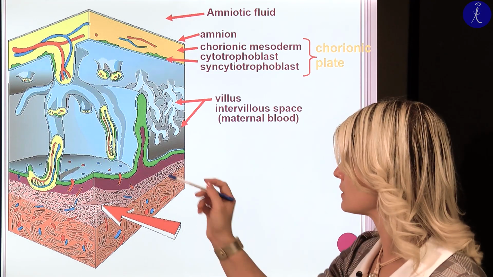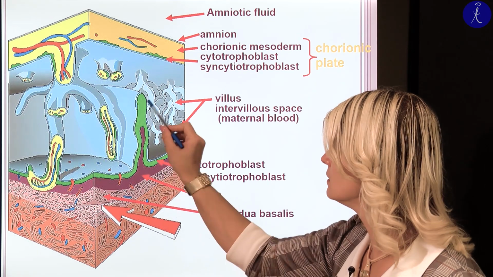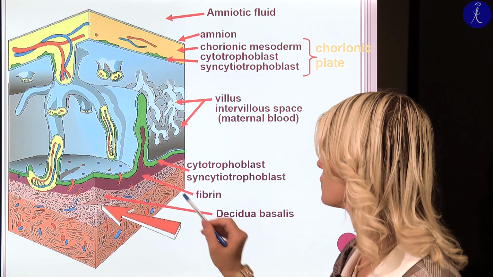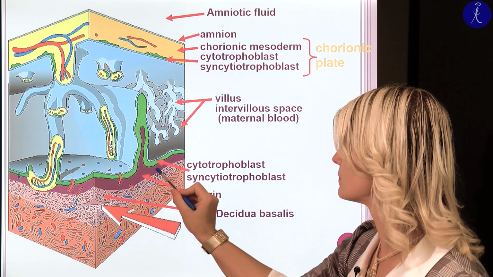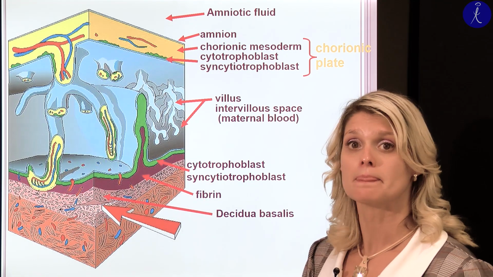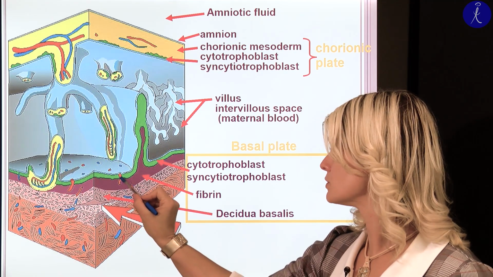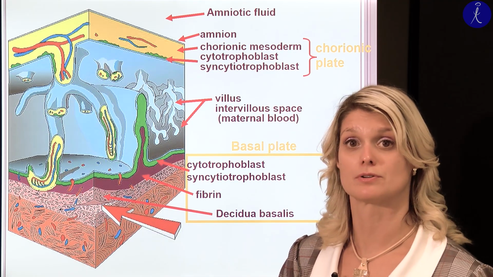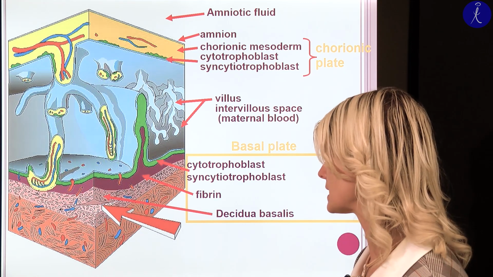After that, we have a small layer consisting of trophoblast cells from the embryonic part, which covers the maternal surface. Then we have fibrin, which develops between the maternal and the embryonic part of the placenta.